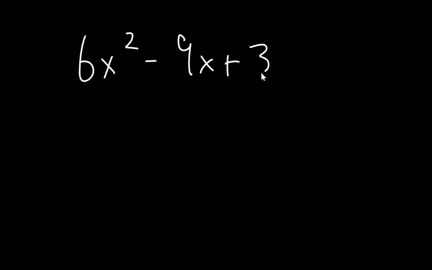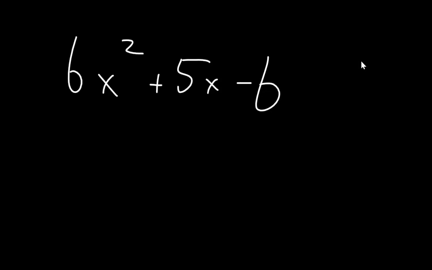And also, just keep this in mind as well. Most trinomials are not special, right? If we have, for example, say, let's do 6x squared minus 9x. I don't know. This isn't factorable.